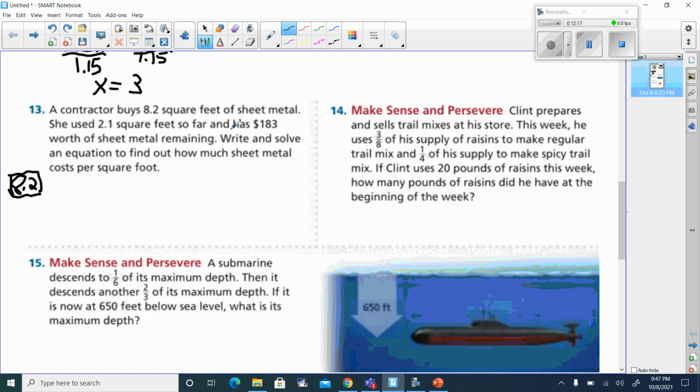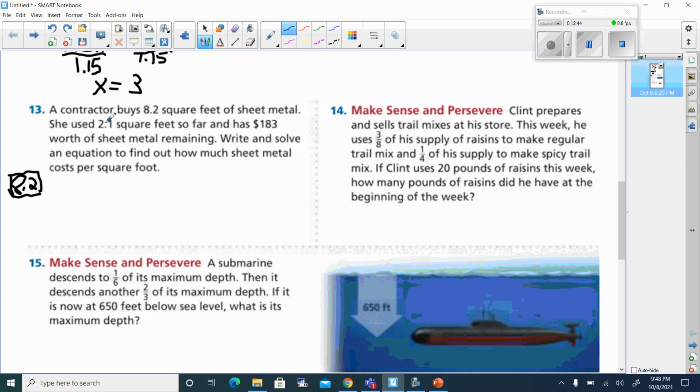Now it says she used 2.1 square feet so far. So in other words, she took a piece out of here that was 2.1 and has $183 worth of sheet metal remaining. So if I was going to write this equation, I would be saying that I have 8.2.